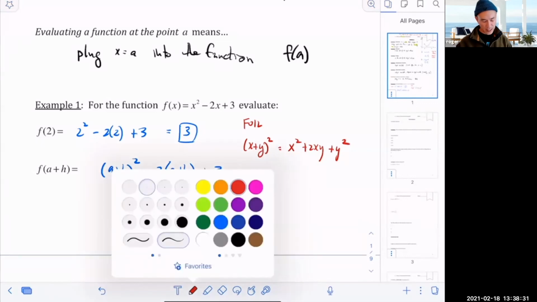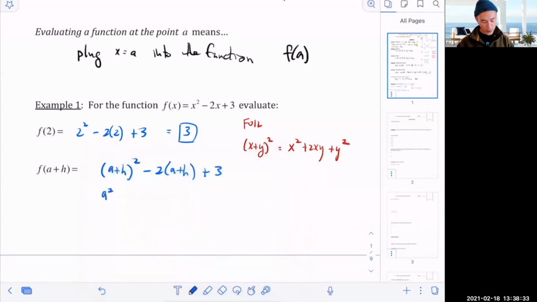So if we were to work on this one, this would be A squared plus 2AH plus H squared minus. And then for this second part right here, you need to distribute, right? You have to use that distributive property. So that's going to be minus 2A minus 2H plus 3, like that.